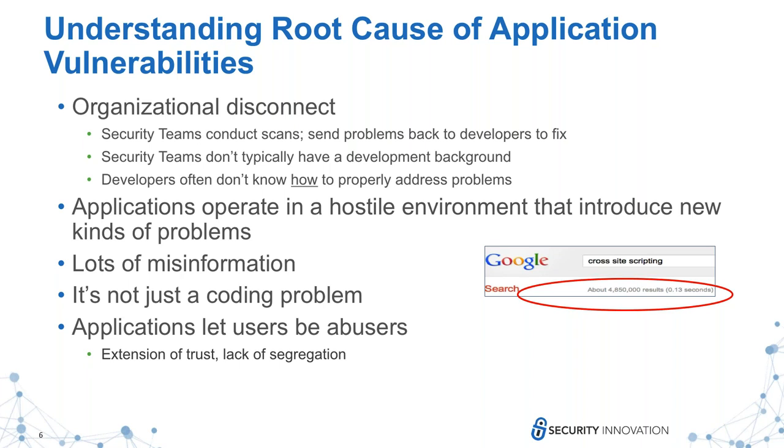But it's not just a coding problem. A poor deployment or buggy configuration can undermine even the most stringent development practices. It is largely an application problem in that applications and their environments often let users be abusers.